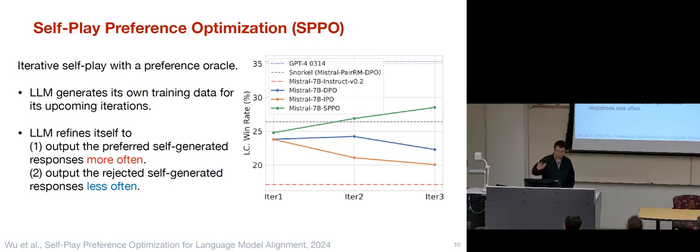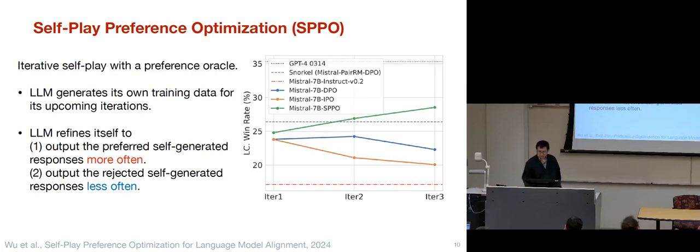It's an iterative algorithm, and at each iteration, the model first generates its own responses for the upcoming iterations. And then the model will refine itself, so update its parameters to output the preferred self-generated responses more often, and output the rejected self-generated responses less often.